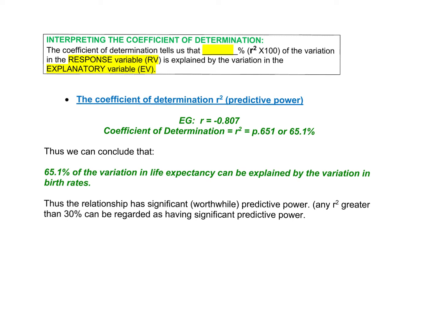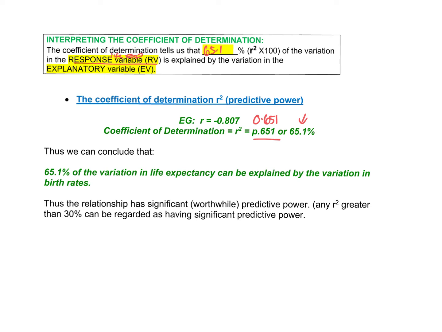Now we had an R squared value of 0.651, so we changed that to a percentage, 65.1%. So we would say that the coefficient of determination tells us that 65.1% of the variation in life expectancy would go in there.